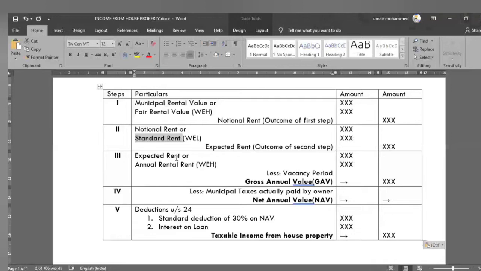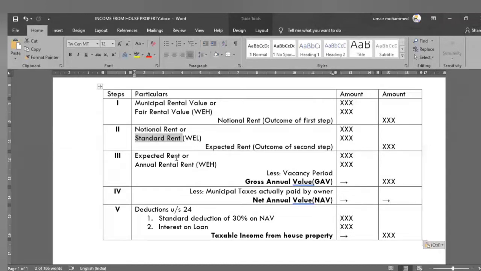So each state is empowered to pass a law that regulates the rentals or the rental values of the property, which is popularly known as Rent Control Act. So Rent Control Act is a law that empowers the government to decide and to fix the standard rent.